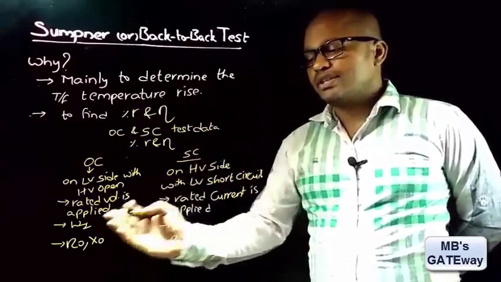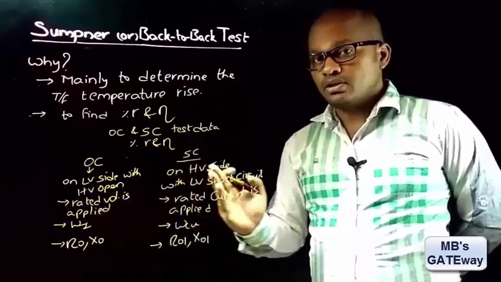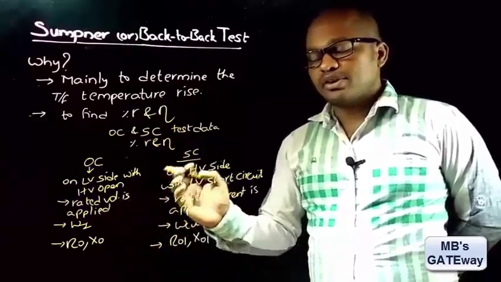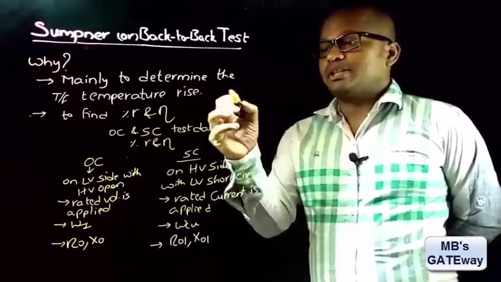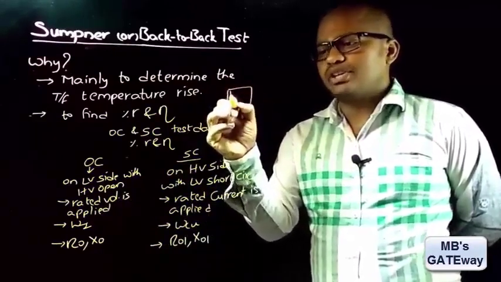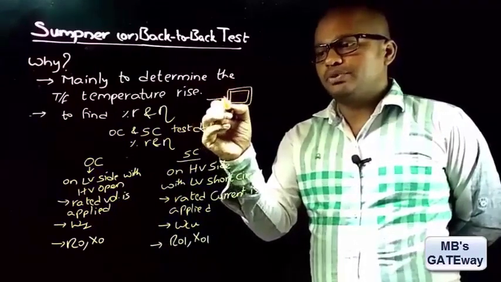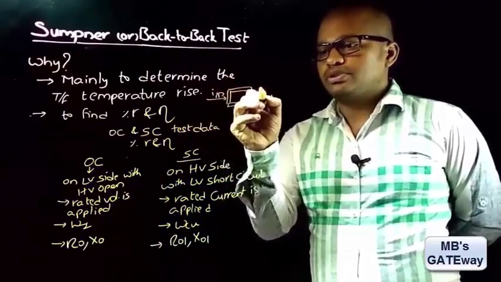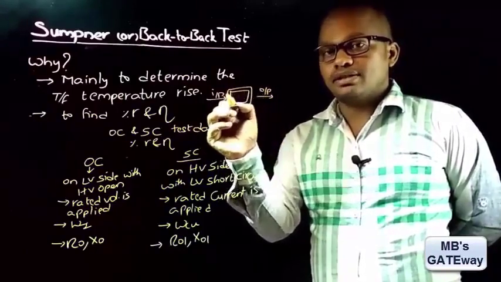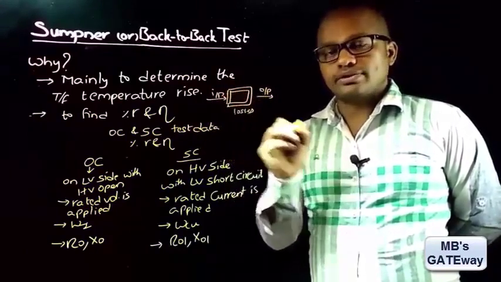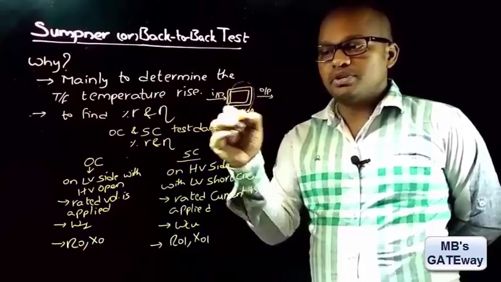By using the test data from the open circuit test and short circuit test, the transformer efficiency and regulation are found. But the point you must keep in mind is that in a transformer or any machine, if you give input, you will get output, and the output will always be less than the input because of losses in the machine.